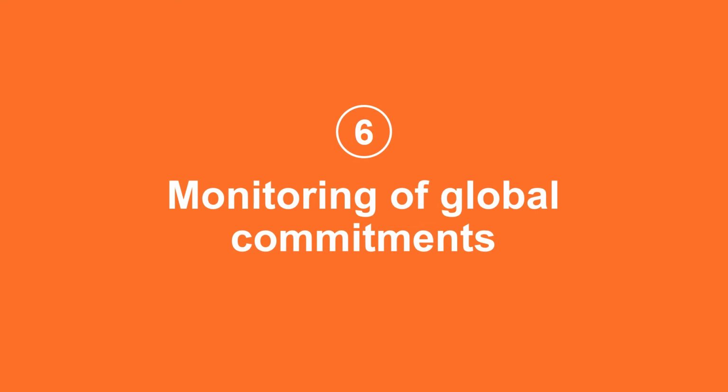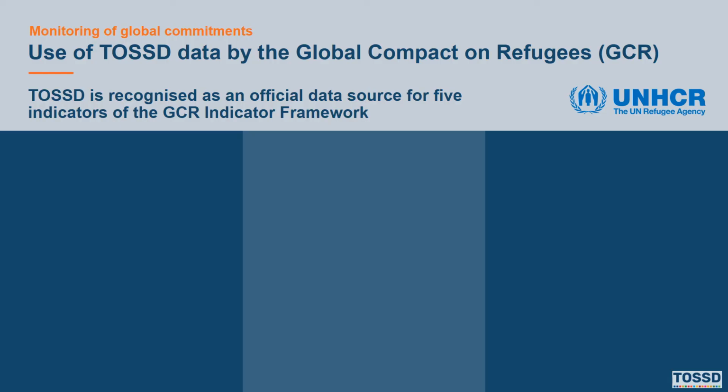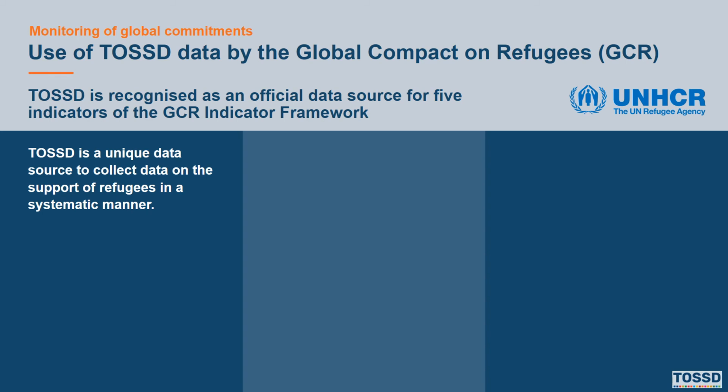This section presents how TOSSD data can be used for monitoring of global commitments. For example, in the Global Compact on Refugees, TOSSD is recognized as an official data source for 5 indicators of the GCR indicator framework. TOSSD is a unique data source to collect data on the support of refugees in a systematic manner.